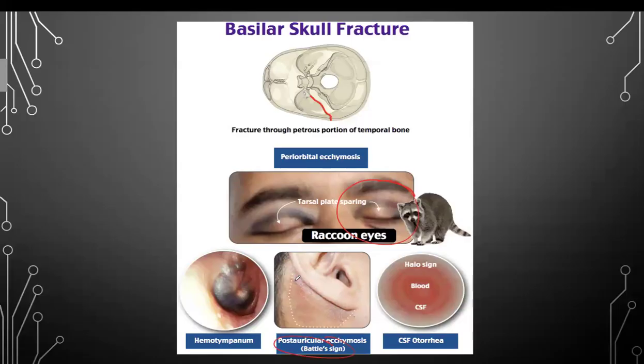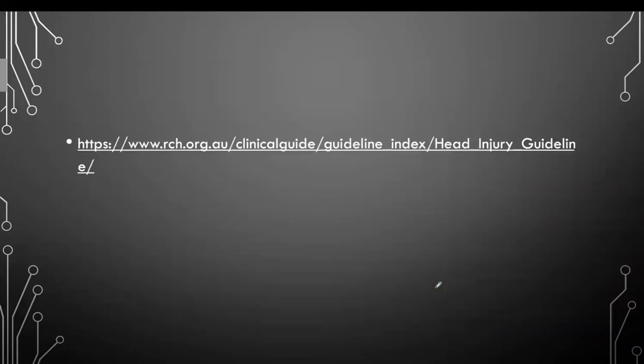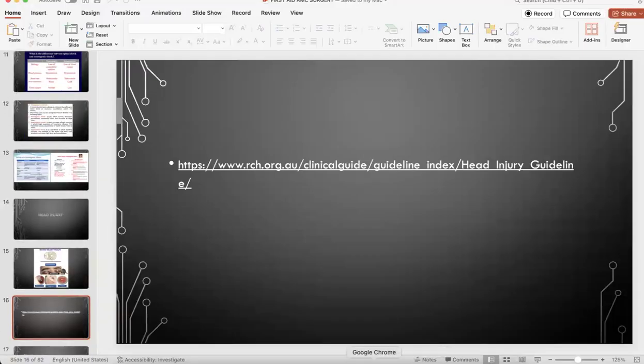Battle sign is this: see this mastoid bone just behind your ear? This mastoid bone can have ecchymosis or bruising. That's Battle sign. And this is called raccoon eyes. So raccoon eyes, Battle sign, and if a patient ends up having CSF rhinorrhea or otorrhea, that means they are getting some clear fluid, which is basically CSF, coming out from the nose or ear. That's the sign of basal skull fracture. All right. So what do we do in basal skull fracture?